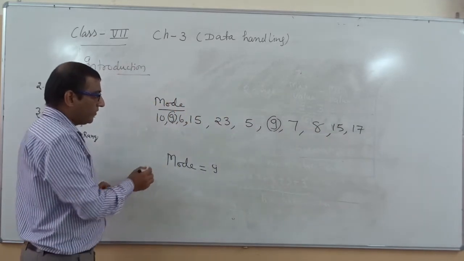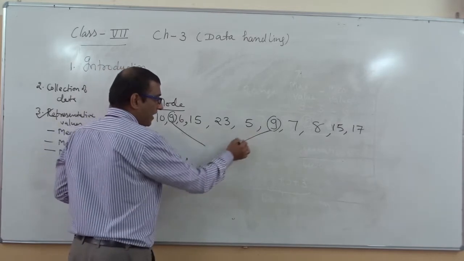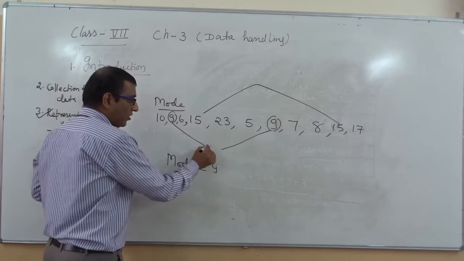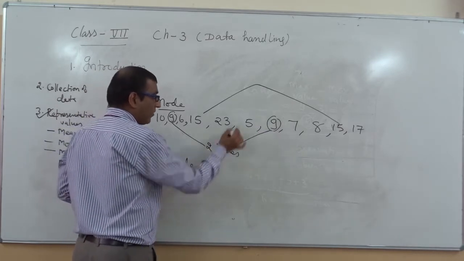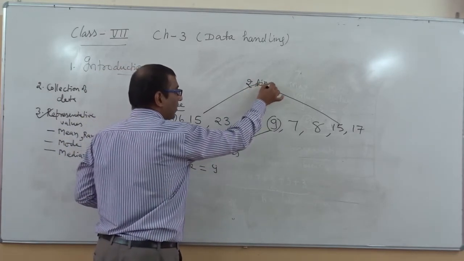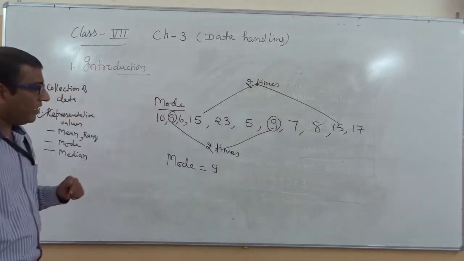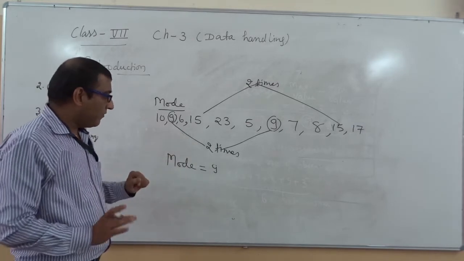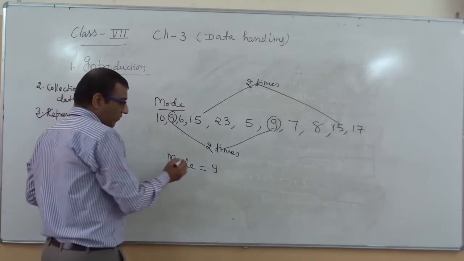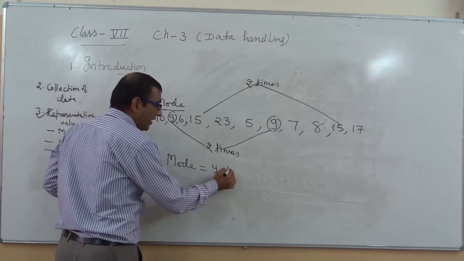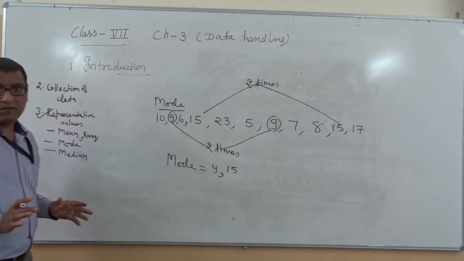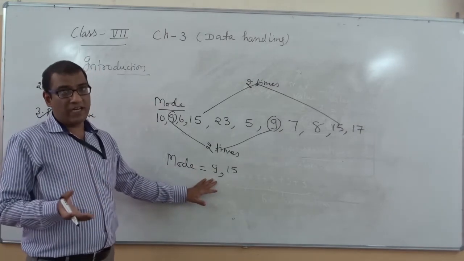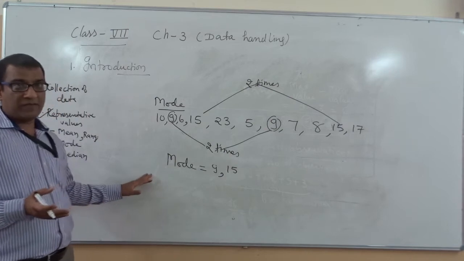Out of these 11 observations, 9 occurs 2 times and 15 also occurs 2 times. Other numbers occur only 1 time. It means we can say in this example the value of mode is 9 and 15 both. It means the value of mode is more than 1 as per this example.